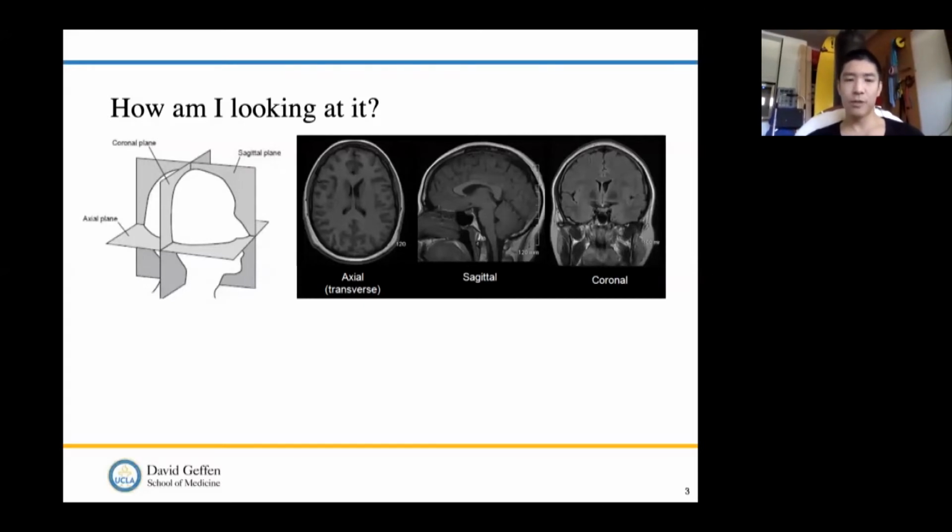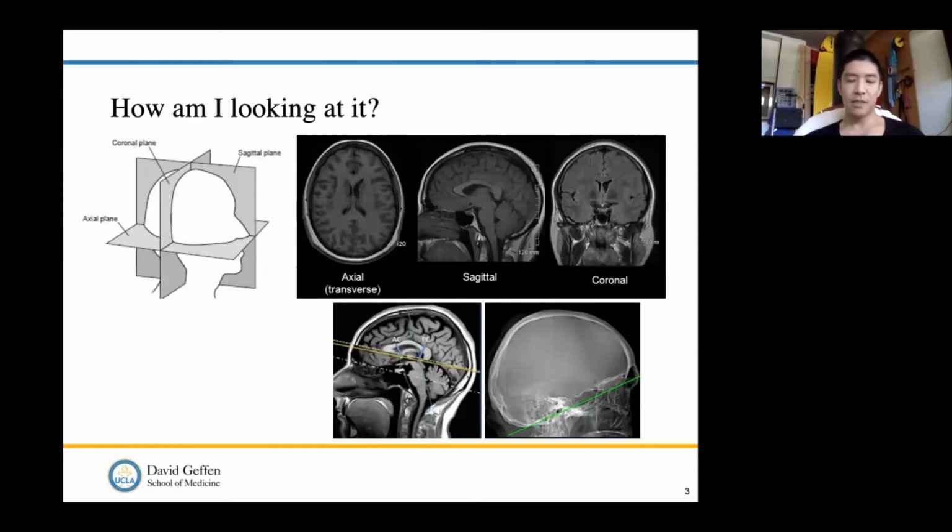One little point about looking at axial images: CTs and MRIs are cut differently when they're taken in the axial plane. MRIs are generally oriented along the ACPC line for an axial image, although this can be changed, whereas a CT is oriented along the supraorbitomeatal line.